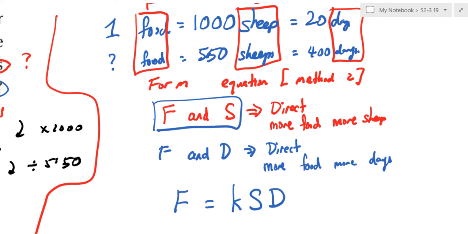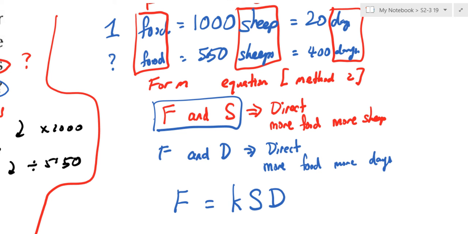Can follow? This is different, Irvin, because F, S and D have 3 unknowns and a constant. But what's the next step usually? What do I have to find?